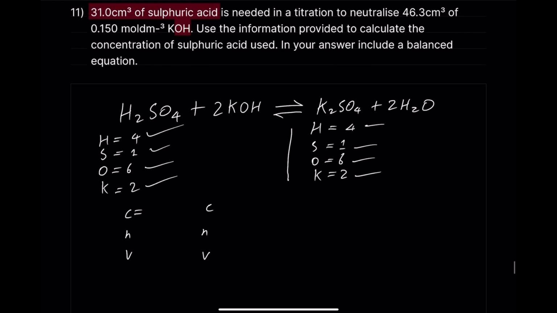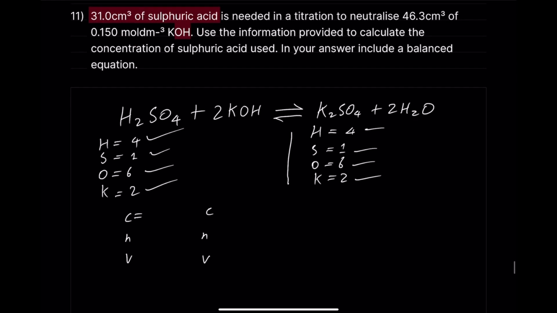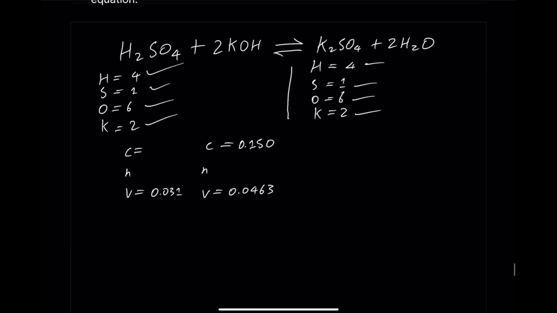So concentration here is what we're trying to find out. Volume is 0.031. Volume here is 0.0463. Concentration of potassium hydroxide is 0.15. It's a 1 to 2 molar ratio here.